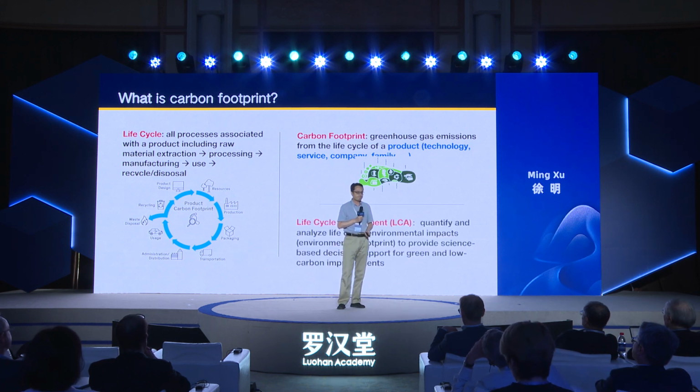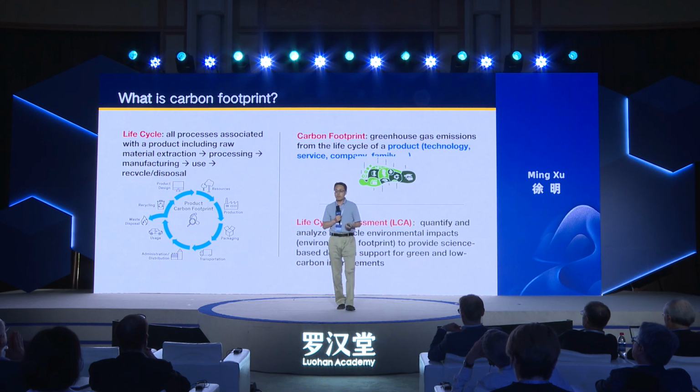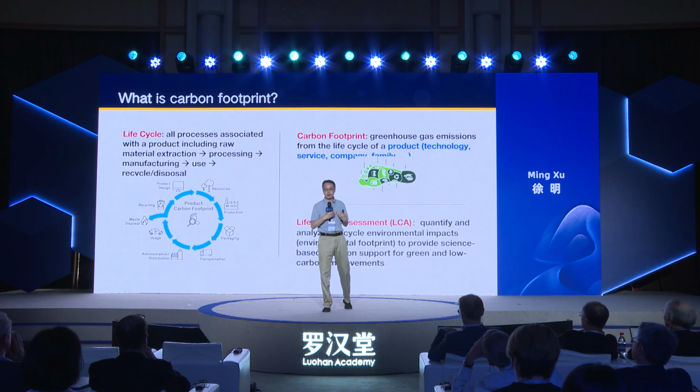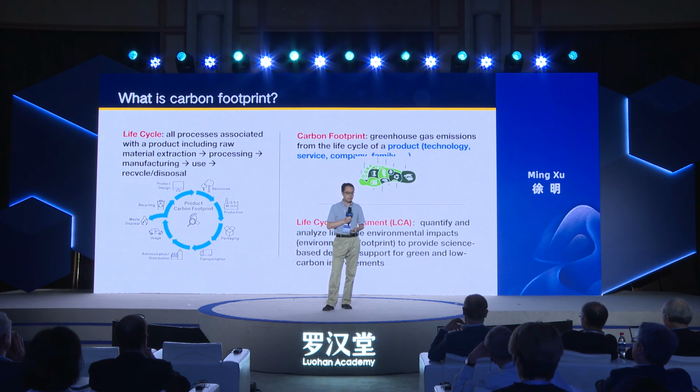So life cycle assessment is the method, the tool we use to measure the carbon footprint of the consumption of a product or service. Of course, life cycle assessment also measures other types of environmental footprint. Carbon footprint is just one particular category, right?